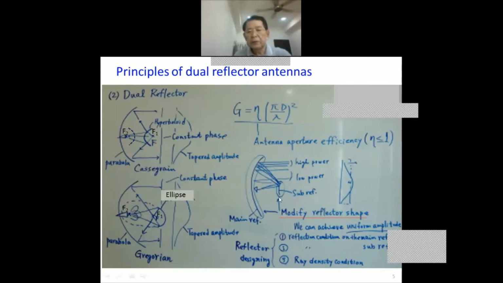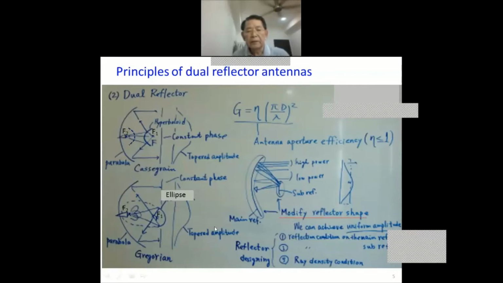So to improve the power distribution in front of the reflector, another method, reflector shaping, is used.